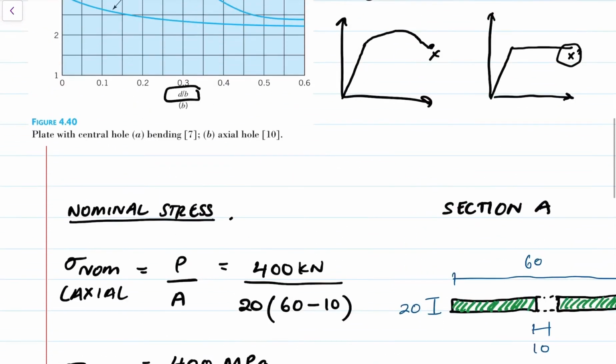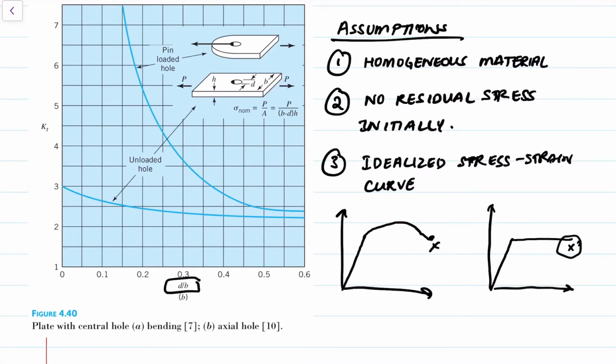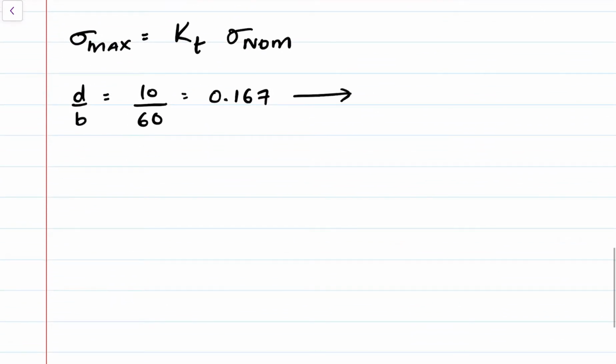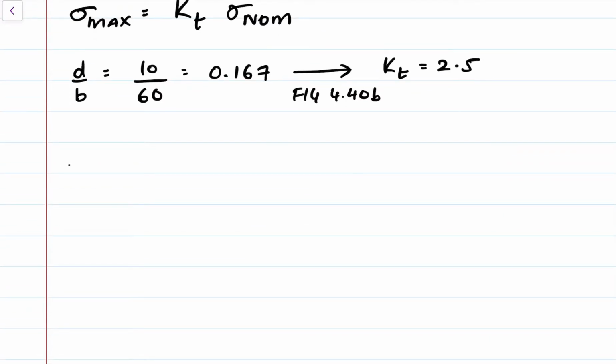And if I go into figure 4.40b, 0.16 is approximately here, which exactly crosses the 2.5 mark. So we have a stress concentration factor of 2.5. So from figure 4.40b, KT is equal to 2.5. And if I had to evaluate sigma max, it would be 2.5 multiplied by 400 megapascals.